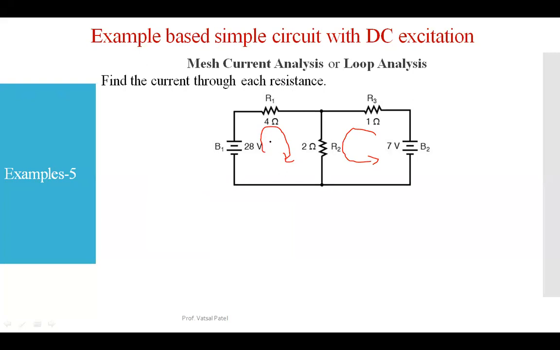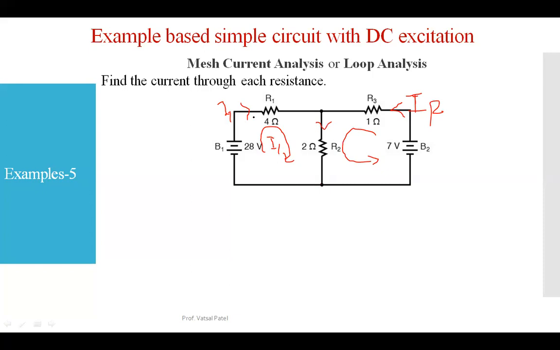So can you do it quickly? First, identify that I1 current is flowing in this branch, and I2 will be flowing in this branch. So can we say the current I1 plus I2 is flowing here.